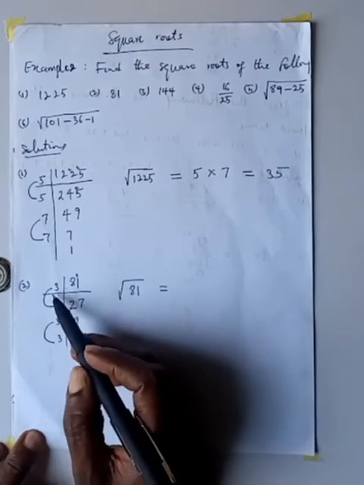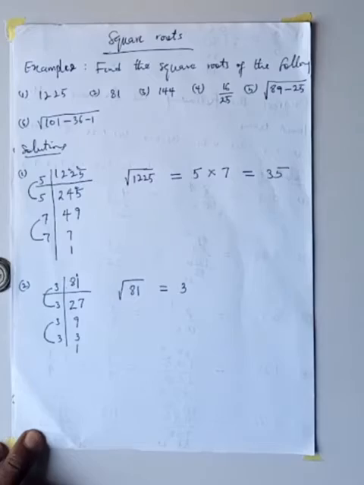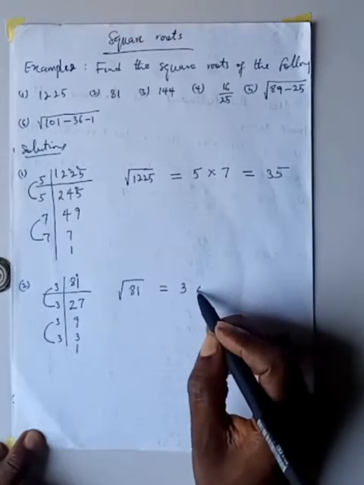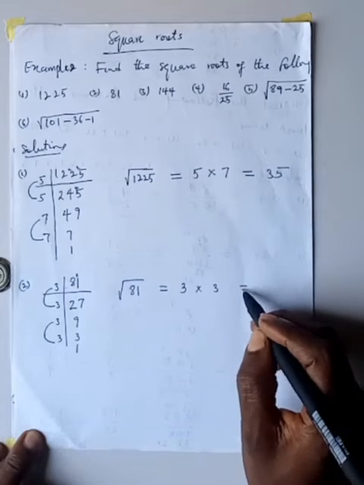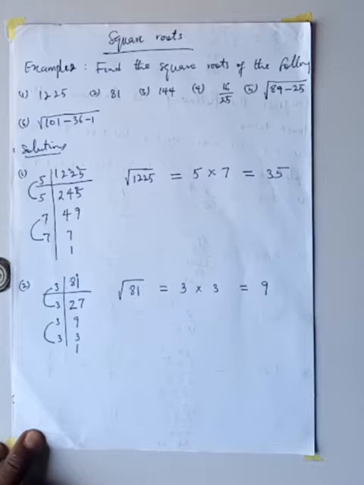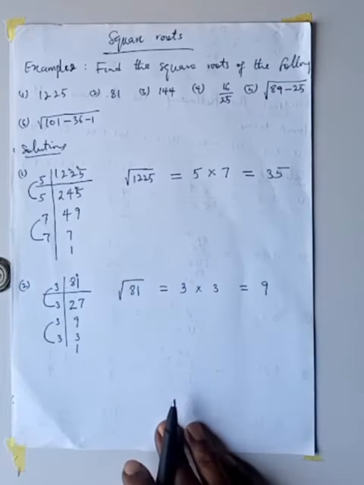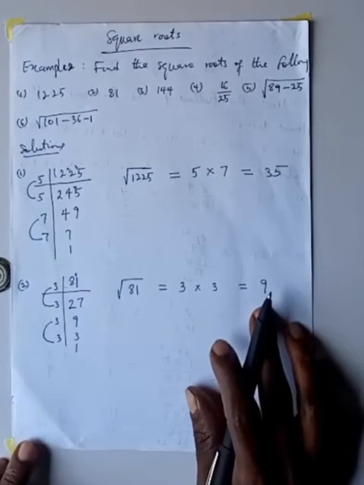So the combination of this and this will produce just one out of the 2 numbers. A combination of this and this will as well produce one of these 2 numbers. And the result that gives is 3 times 3, which is equal to 9. And from the basic thing that we are all used to, we know square root of 81 will automatically give 9.